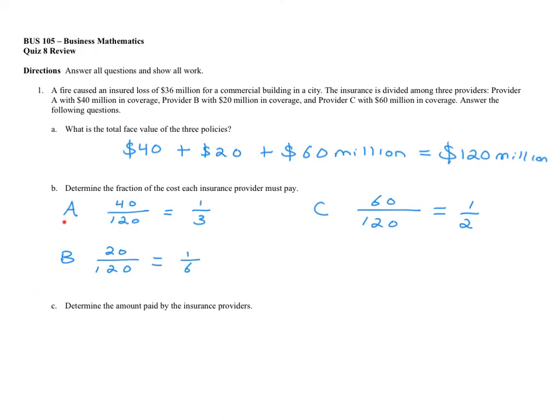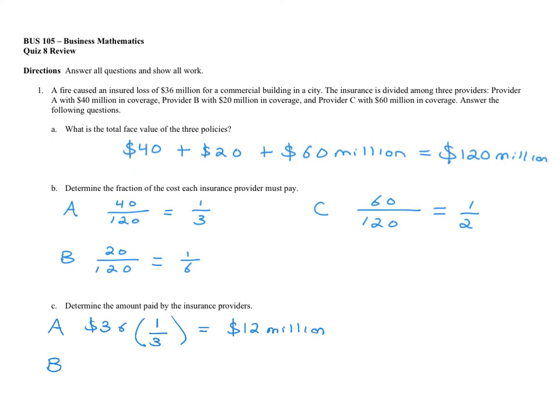So let's start with provider A. How much money do they actually owe of this 36 million? We take 36 million, multiply it by 1/3, and that's the amount that they owe. So for provider A, there's 36 million that we multiply by 1/3, and that actually goes perfectly into 36 to give us 12 million.